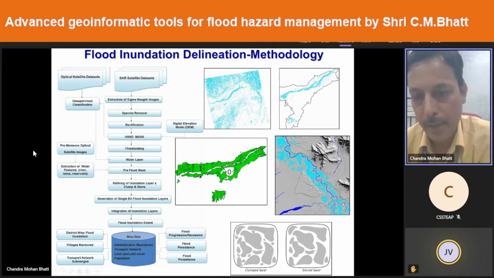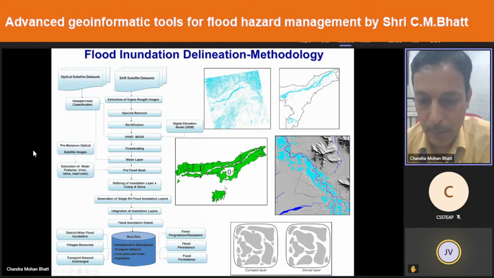On the right, you are seeing one SAR scene which, using some threshold, has been classified. Now we have a mask; we apply a state mask because this is an area of Assam. So whatever is outside has been removed.